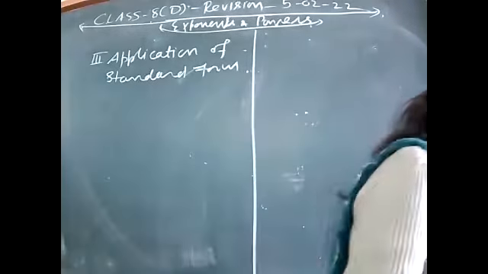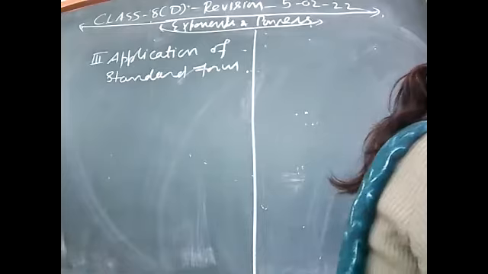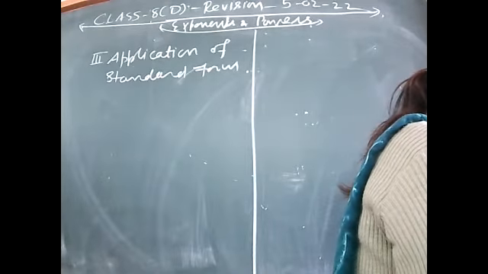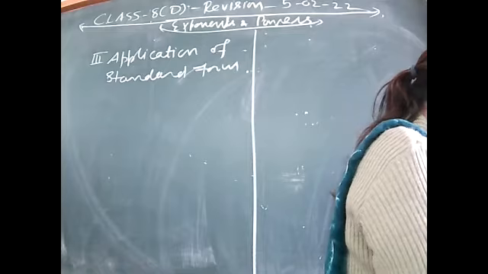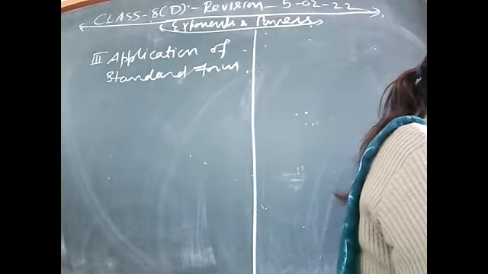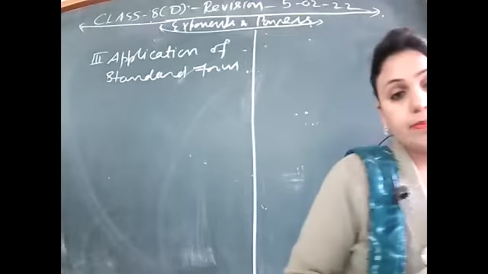So see, at page number 200, you have one question, exercise 12.2, the last question. In a stack, there are 5 books, each of thickness 20 mm, and 5 paper sheets, each of thickness 0.016 mm. What is the total thickness of the stack?